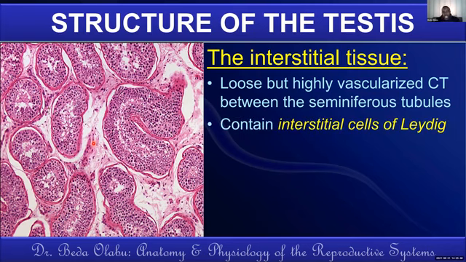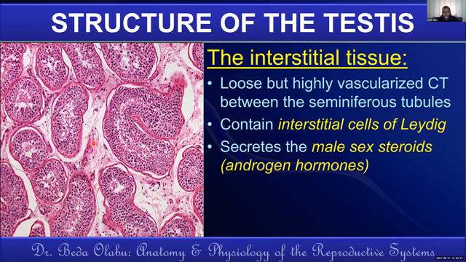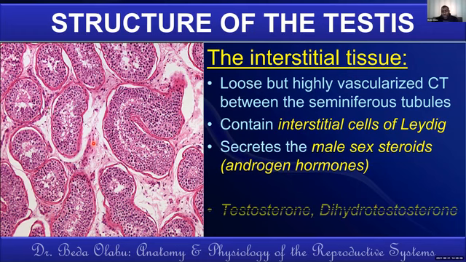There are some cells within this loose connective tissue which we call the interstitial cells of Leydig. These interstitial cells of Leydig are responsible for secreting the male sex hormones, which we call androgens. The key male sex hormones that come from the interstitial tissue are testosterone and dihydrotestosterone.